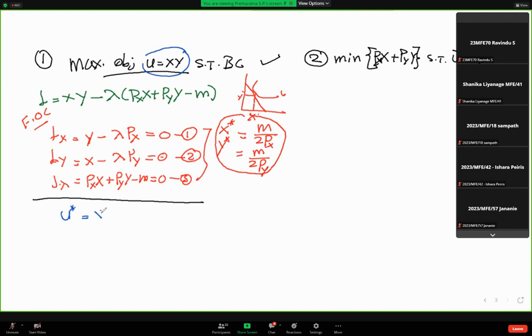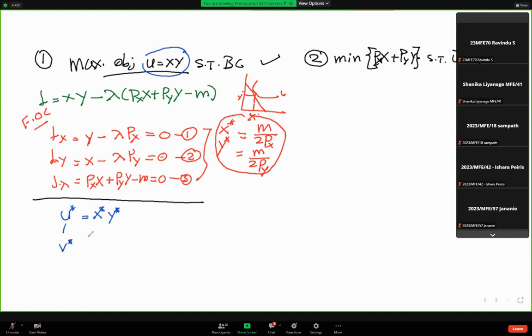Now we use the optimal values, that means x star and y star. Here I did a relabel transformation: instead of u, I write v.